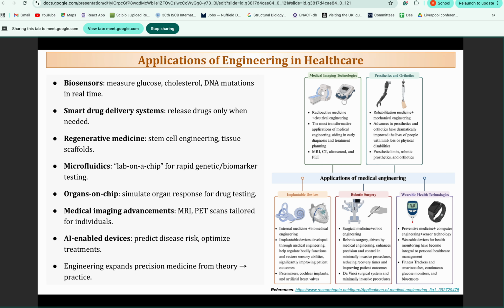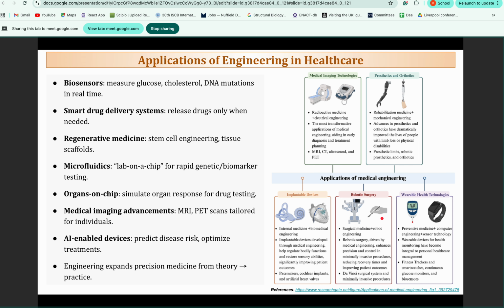Based on your movement, it will perform its action, and with the help of AI, it has now advanced far more. Then come implantable devices, such as cochlear implants, which are used in the ear, and the pacemaker. In the heart, the pacemaker generally regulates your blood flow and heart rate. These also come under biomaterials. Then robotic surgery.